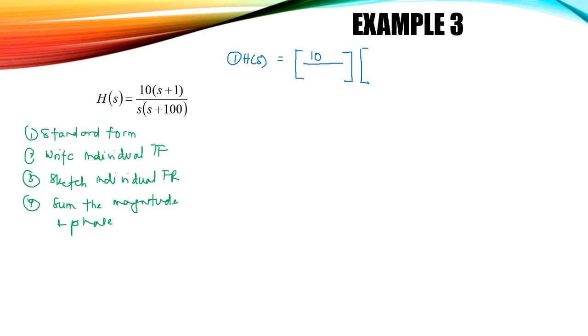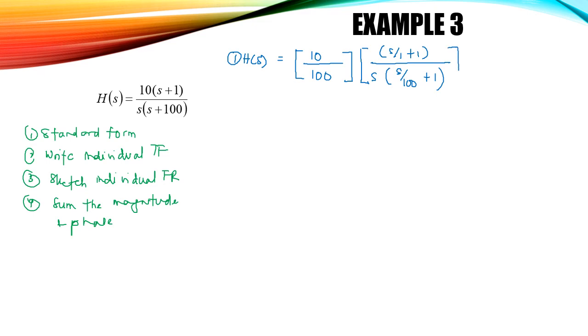Make sure that all s terms are added by 1. So here the first one, s divided by 1 plus 1. Divided by the bottom one, you have single s, so you have poles at origin, and then you have s divided by 100 plus 1, and don't forget to take out the 100.